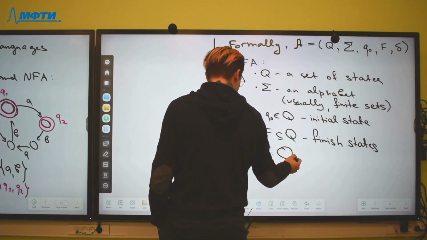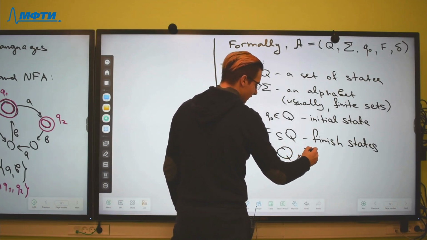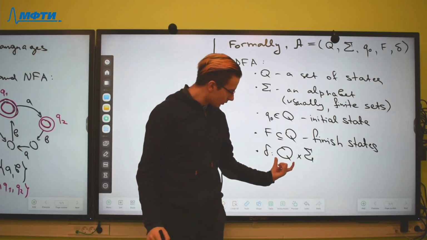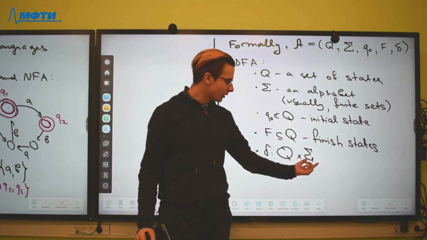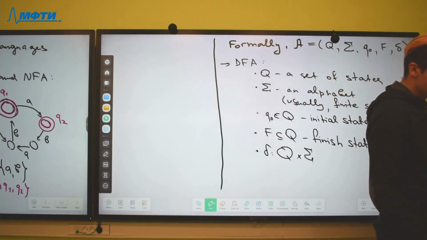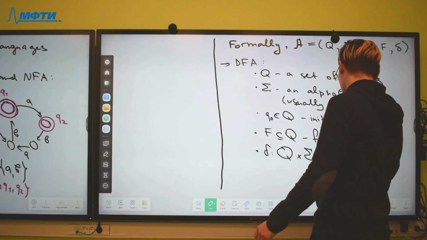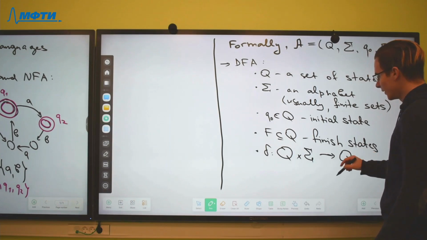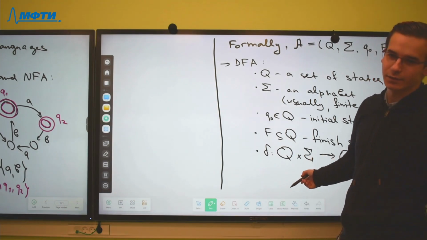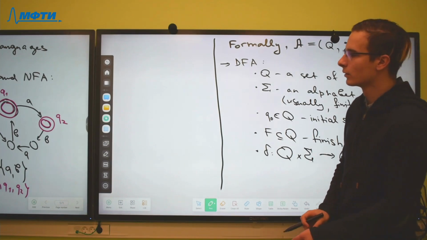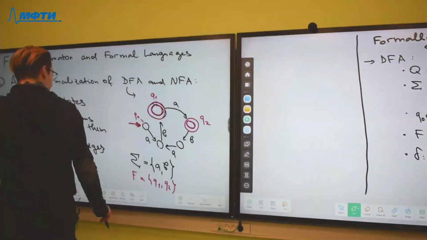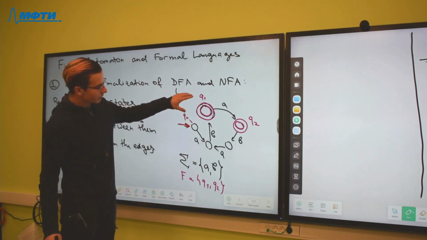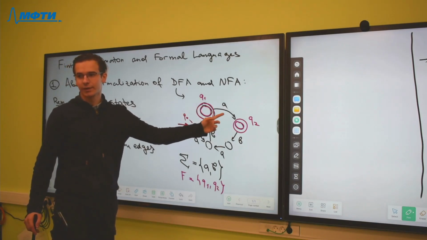It is a function from Q multiplied by the alphabet. If we have a state and one character, we can change our state only once, and then we read the next character. I can change one state to another state with the character.